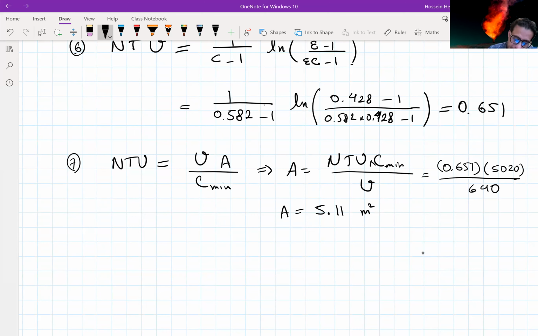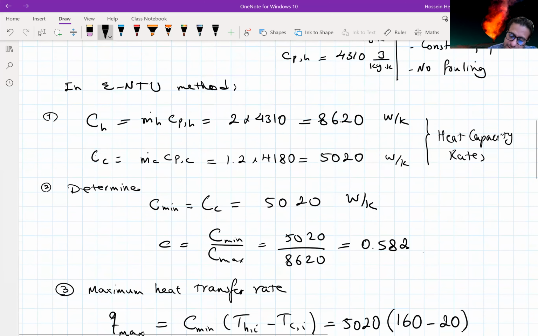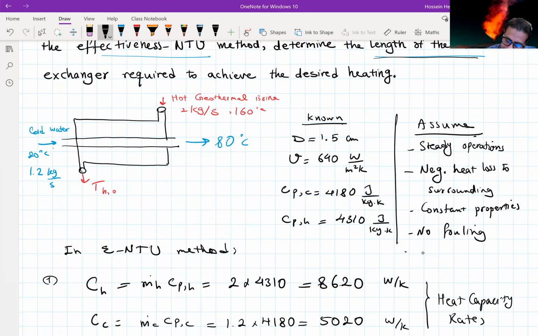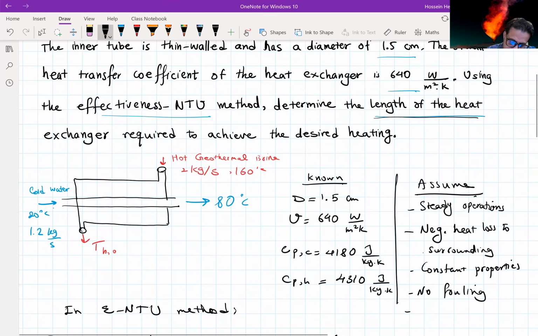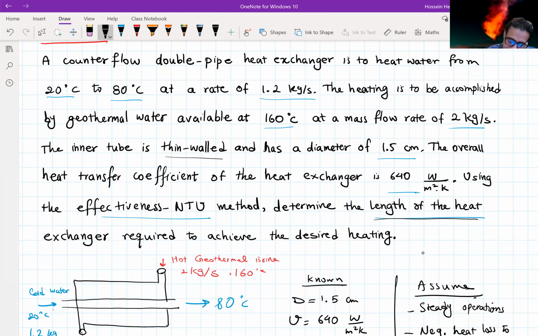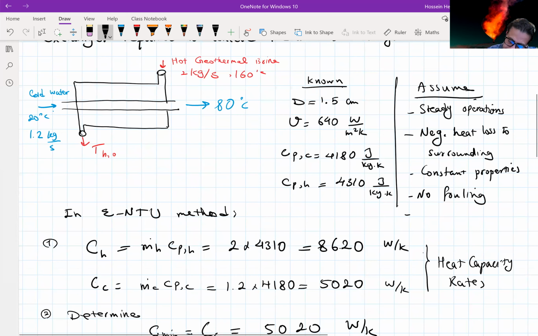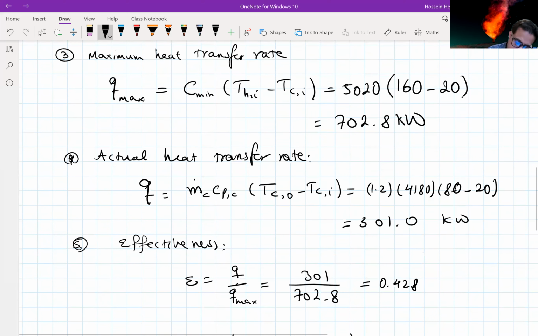Another assumption that I didn't put here is that it's a very thin wall. So a thin-walled tube means D_i is almost equal to D_o, which has been given here.